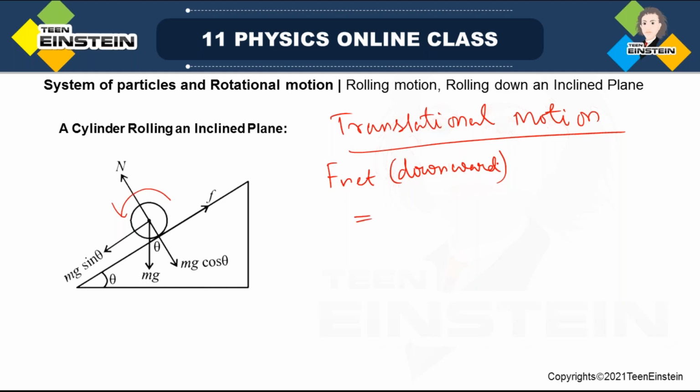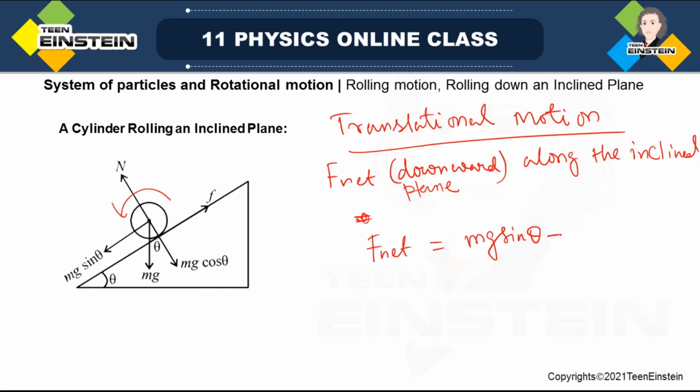So F net will be mg sin theta due to gravity, and another force is this one. The resultant force of these two will give you the translational motion.